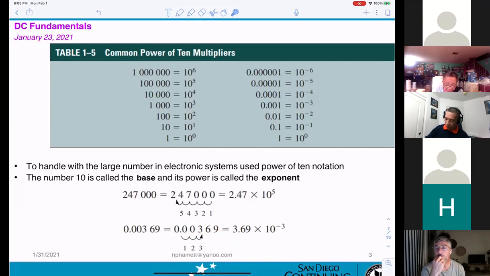And the table here gives you the equivalents. 100,000 is power of 5. 10,000 is power of 4. 1,000 is power of 3.